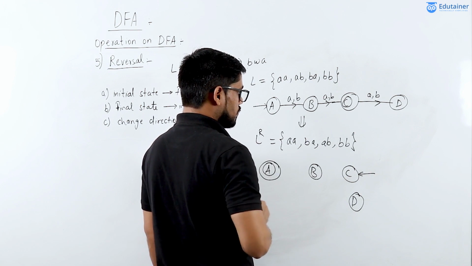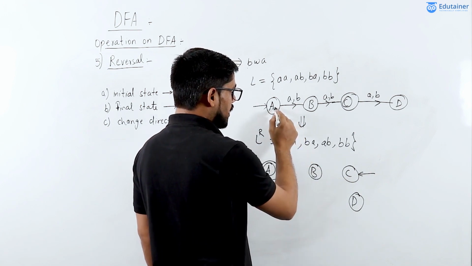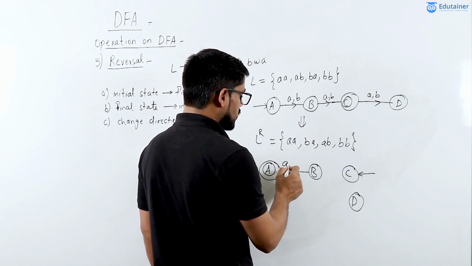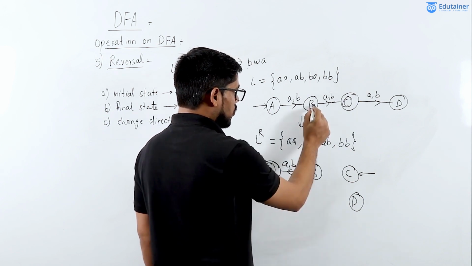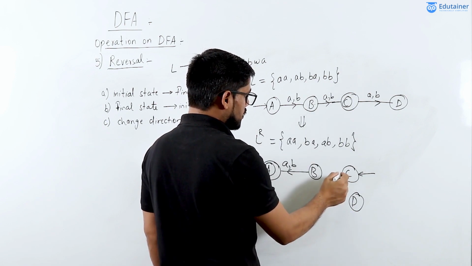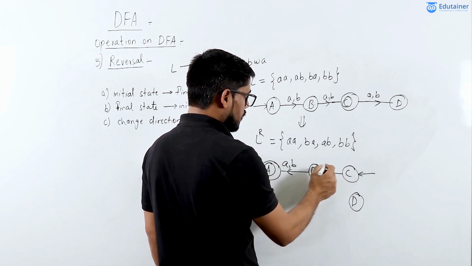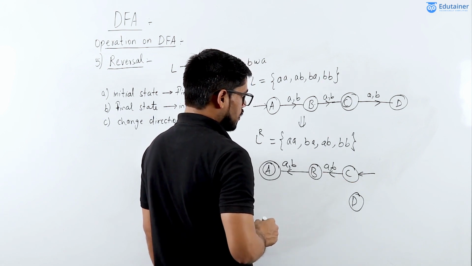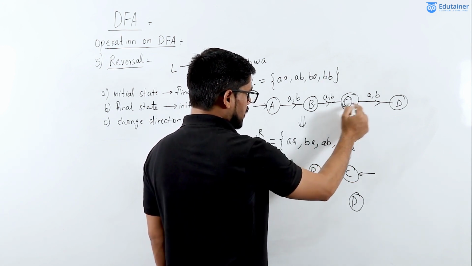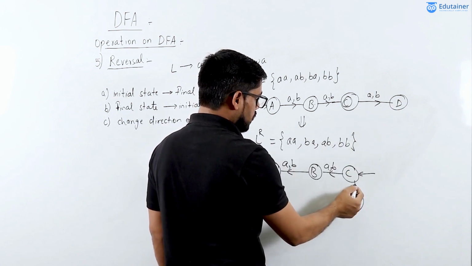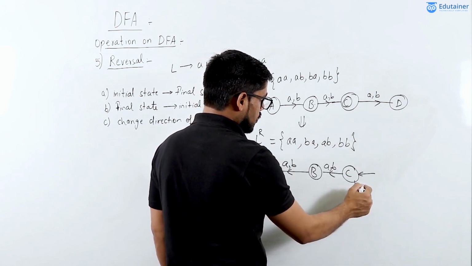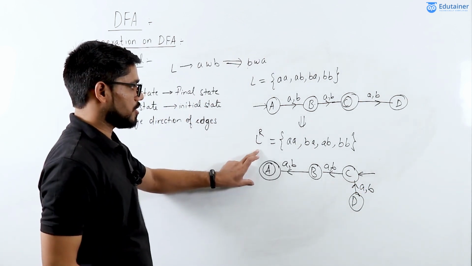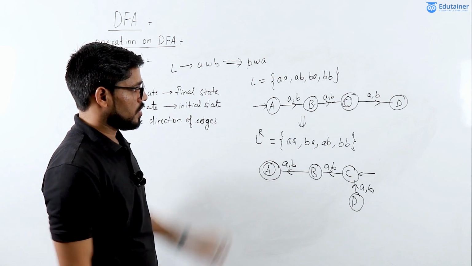and change the direction. So here the direction is from A to B, then I will change the direction from B to A, which is A comma B, and here also the direction is from B to C. I will change the direction from C to B, A comma B. And here the direction is C to D. I will change it from D to C, A comma B. Okay, so this is the final transition diagram for the reversal language.